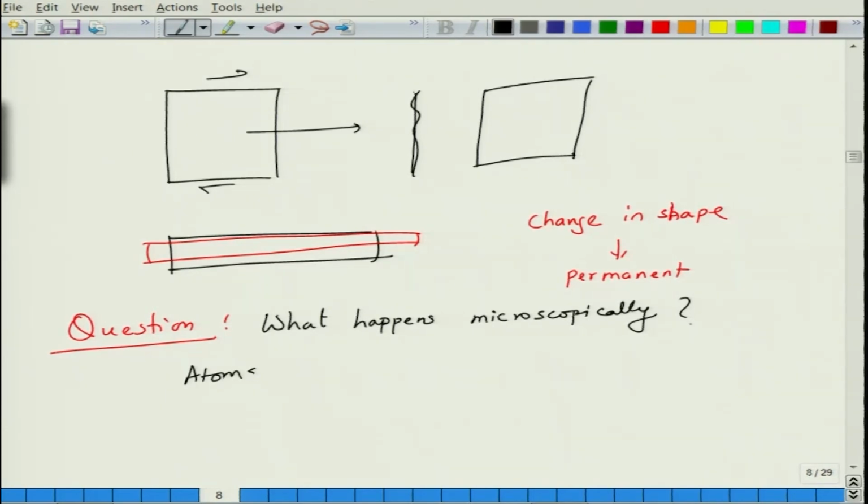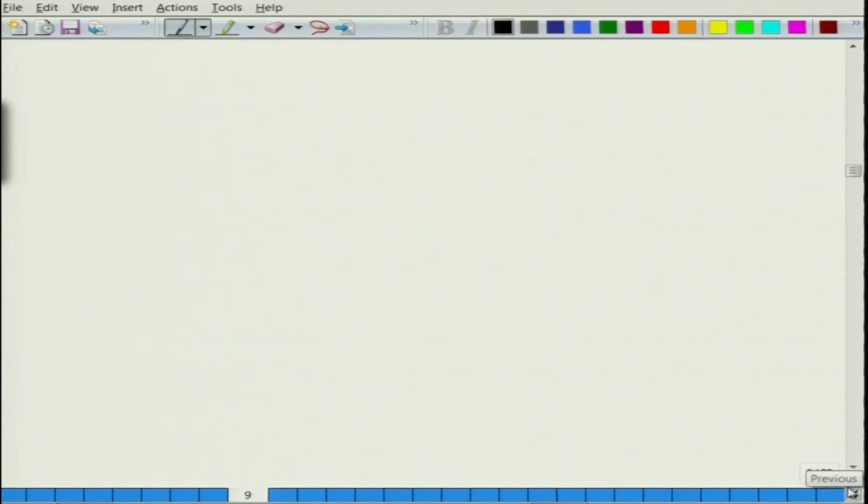So atoms make the materials, atoms are bonded. So what are the internal mechanisms which actually lead to the plastic deformation? So that is our next goal. So when we deform the material plastically, what happens internally?